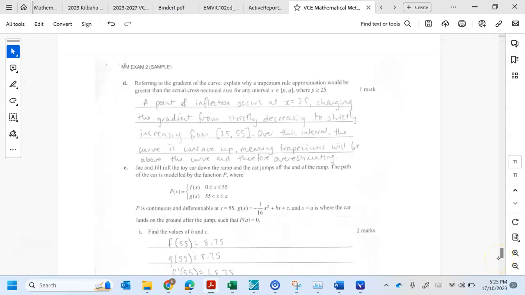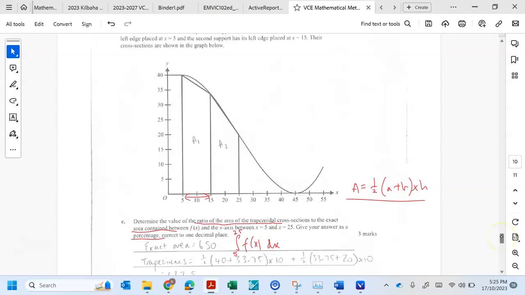Question D, referring to the gradient of the curve, explain why a trapezium rule approximation would be greater than the actual cross-sectional area for any interval P to Q, where P is greater than 25. So here we stopped at x equals 25, and remember I said that's concave down. When you're concave up, your trapezium is going to be above.